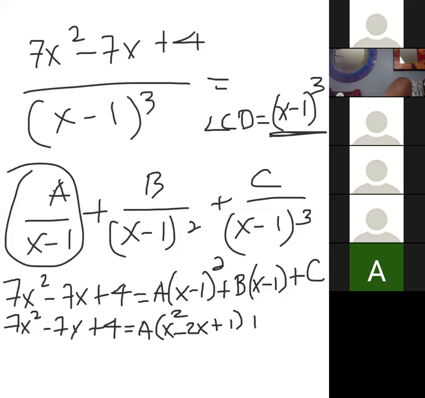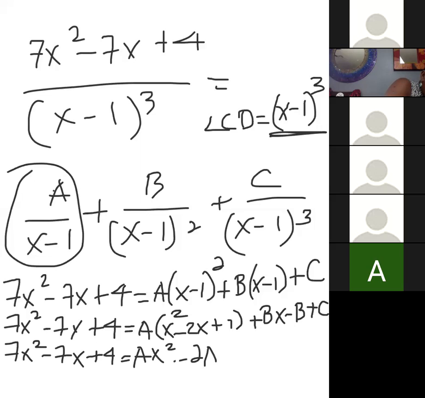Distribute the B, so you get Bx minus B, and then plus C. All right, so 7x squared minus 7x plus 4 will equal Ax squared minus 2Ax plus A plus Bx minus B plus C. So now, guys, time to go ahead and equate the left side with the right side.